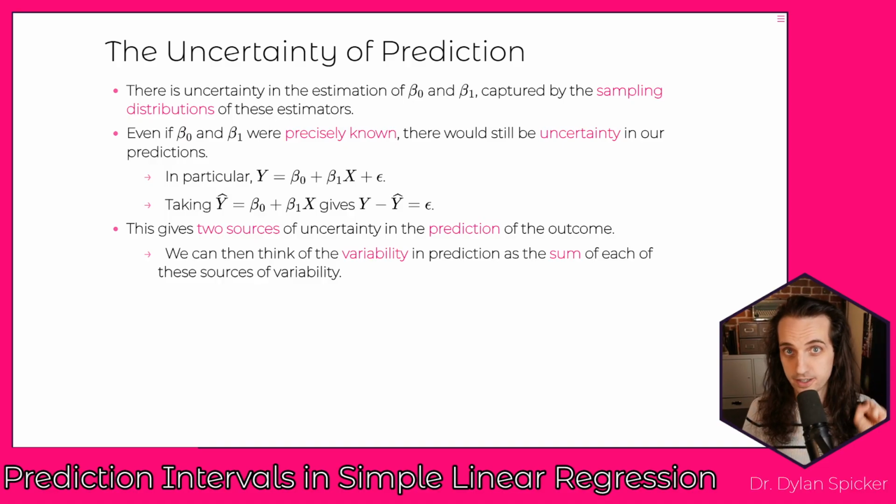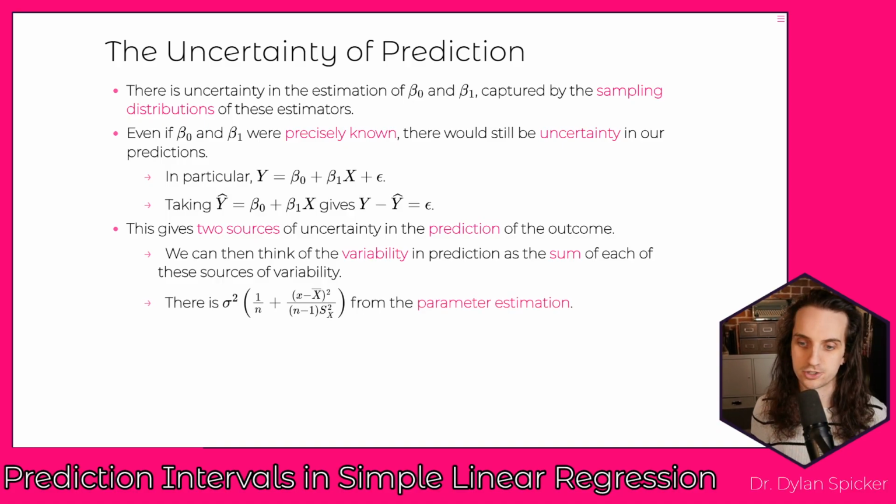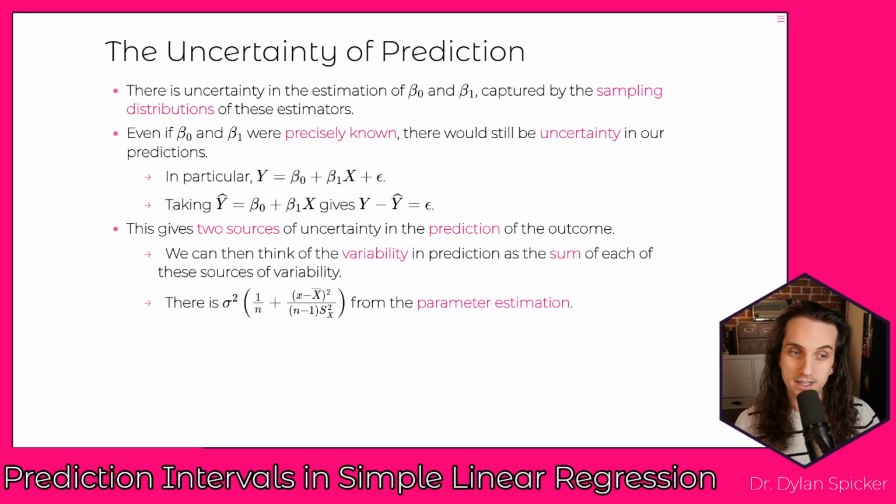We take the variance from our estimation and the variance from our prediction and add them together. For parameter estimation, we get a variance of sigma squared times 1 over n plus (x minus x bar) squared over (n minus 1) times s_x squared. This comes from the sampling distributions of beta hat 0 and beta hat 1, where we take the variance of the sum of those multiplied by x. That's the first component.